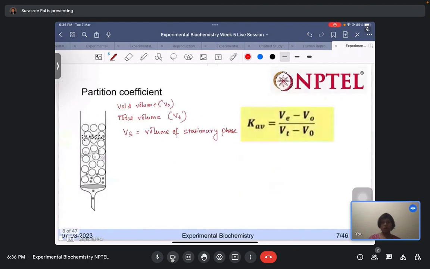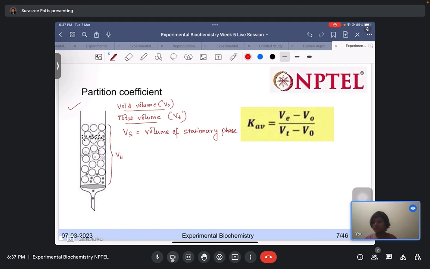Now let's talk about the partition coefficient of the size exclusion column. So this is how a typical size exclusion column looks like, and there are certain terminologies associated with it. One is the void volume and the total volume. Total volume, VT, is the total volume of the column.